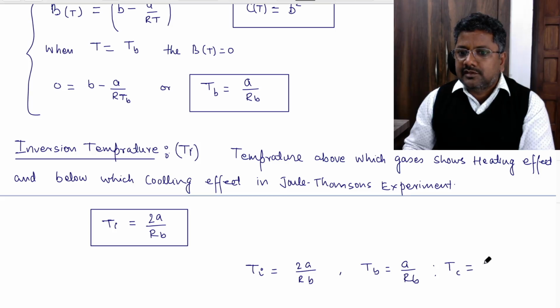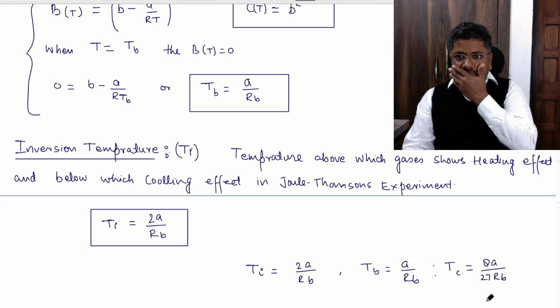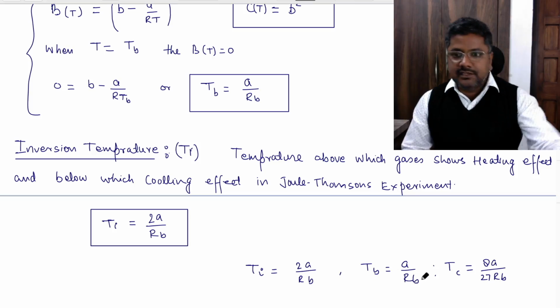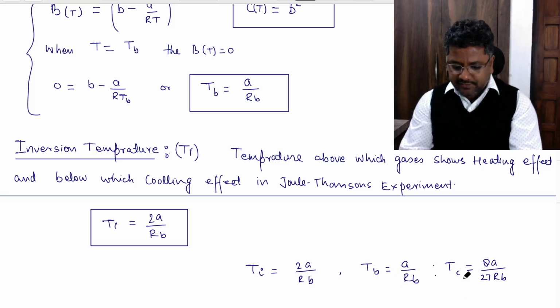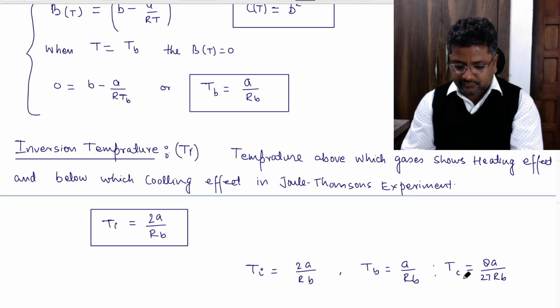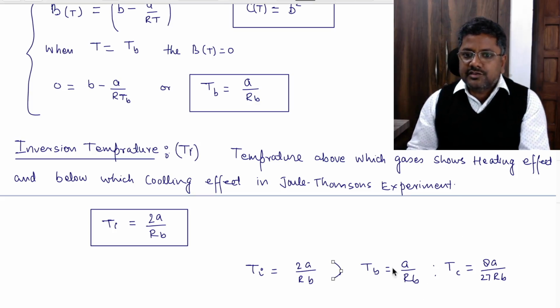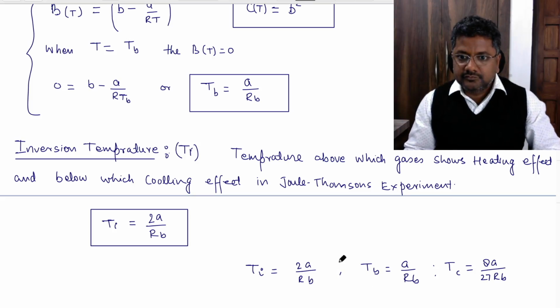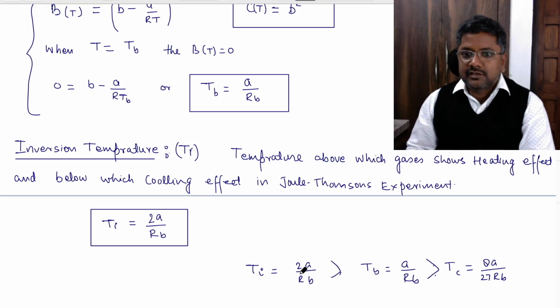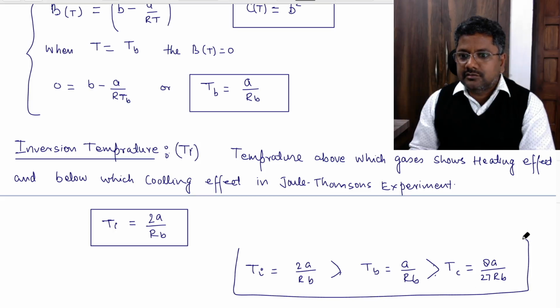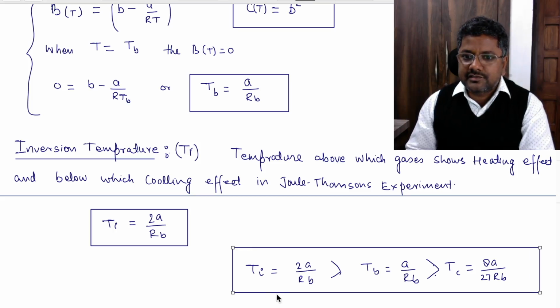The inversion temperature T_i is 2a/Rb, Boyle's temperature T_B is a/Rb, and the critical temperature T_c is 8a/27Rb, which is 0.29 a/Rb. So the inversion temperature is the highest for any given gas.